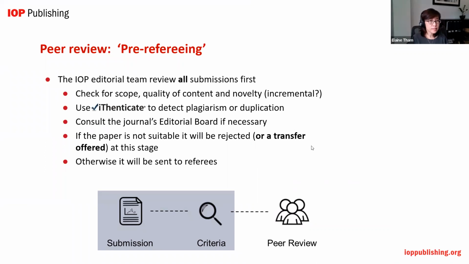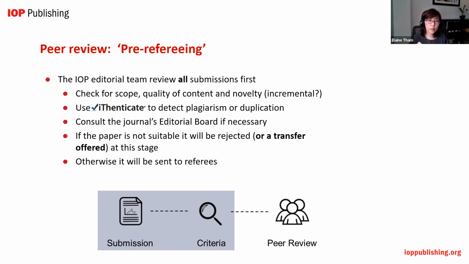So let's come back to the various peer reviewing stages. All submissions are first reviewed by the IOP editorial team. They will check the paper to make sure that it fits the scope of the journal and that the abstract provides sufficient information to allow them to determine the appropriate subject area expertise for reviewer selection.